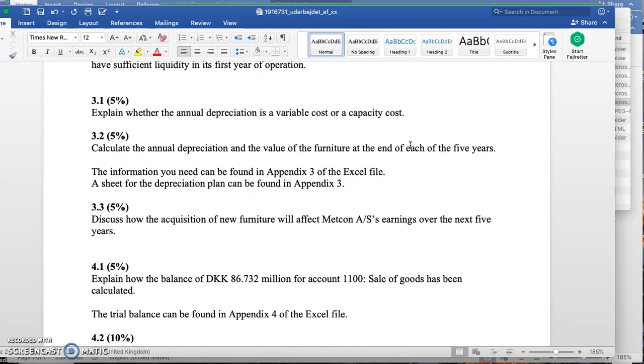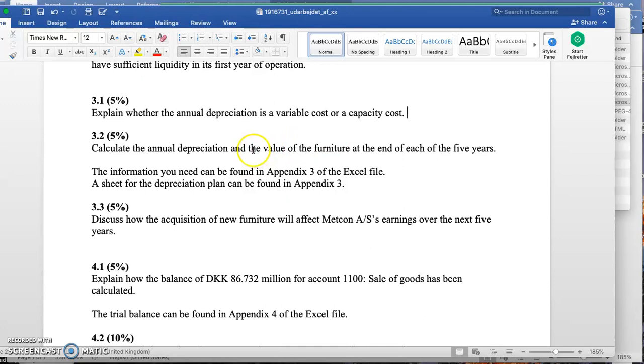Same idea as when you talk about marketing. How do you look at depreciation? What is depreciation? Depreciation is something we learned about if you buy a machine and the value that the machine will lose each year. Okay, is that a variable or a fixed cost?